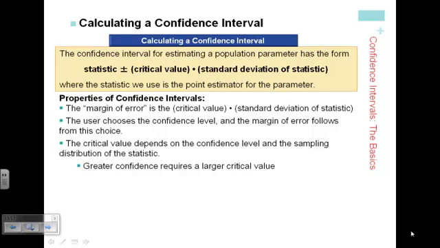If you want to be more confident, bigger critical values, larger confidence intervals, which may be less useful. Okay? And of course, the standard deviation of the statistic in both of the examples I put forth is dependent upon your sample size. Bigger sample sizes, smaller standard deviations of the statistic in both of these cases.